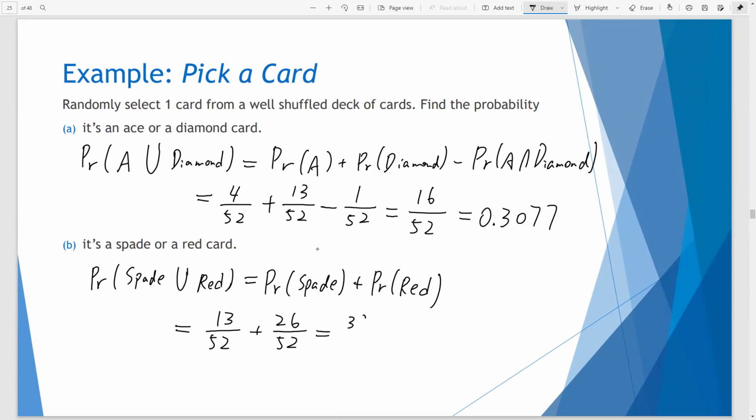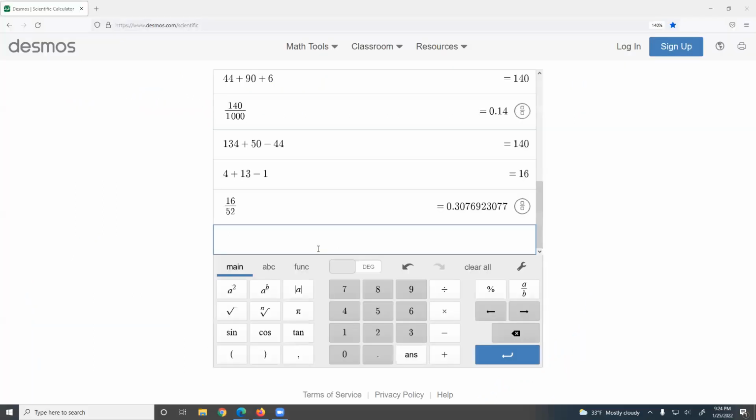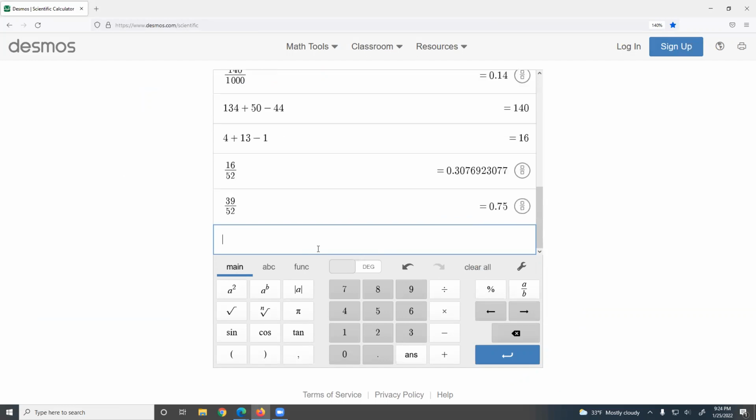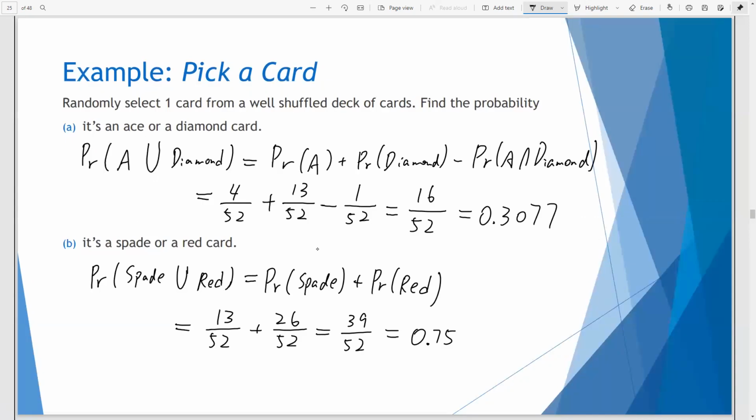And that's 39 out of 52, which is 3/4 of the total, right? 0.75. I don't need to use a calculator to double check. 39 over 52, that's 3/4. Okay. Right. So that's what we have.